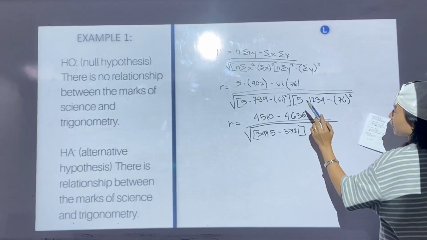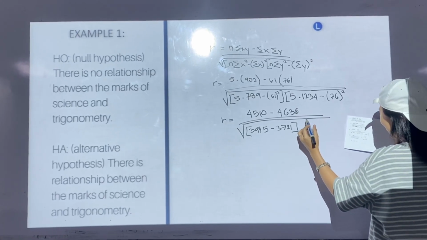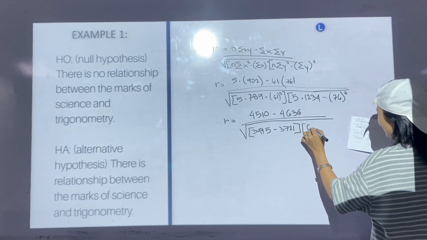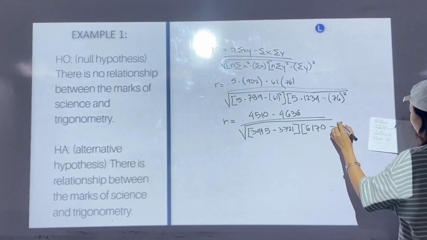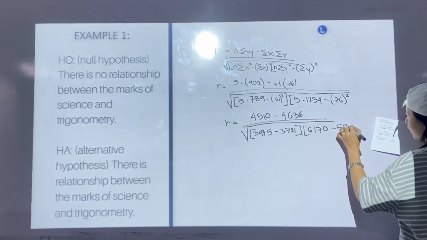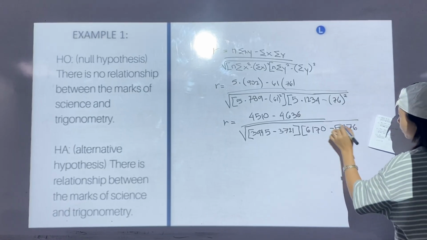And then multiply the 5 and 1234, that is 6170, minus the square of 76, that is 5776.